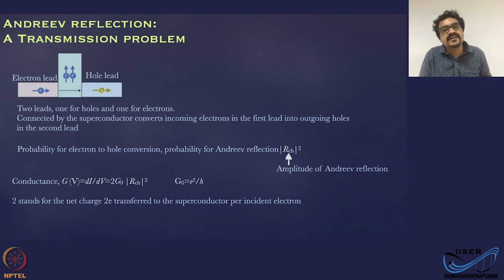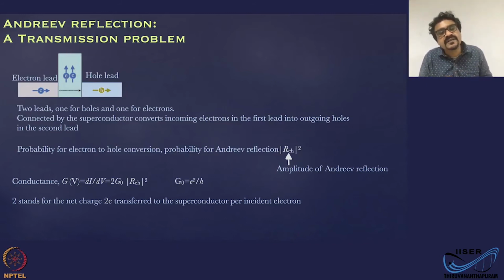Okay, and you have two electrons traveling into the superconductor. So you can visualize this as a kind of three-terminal problem where you have an electron lead, a hole lead, and then a Cooper pair lead.